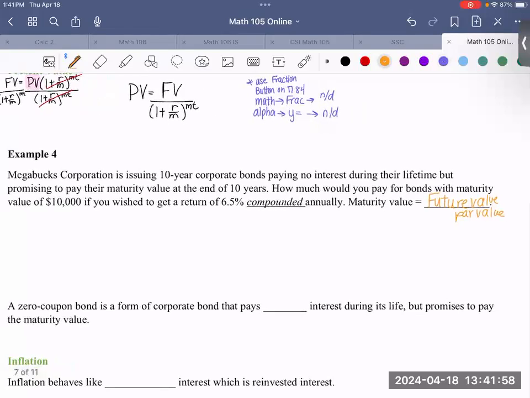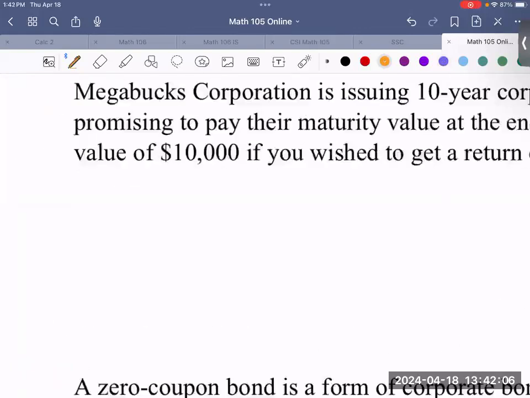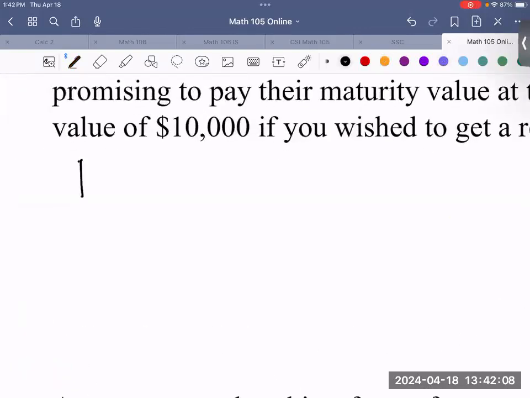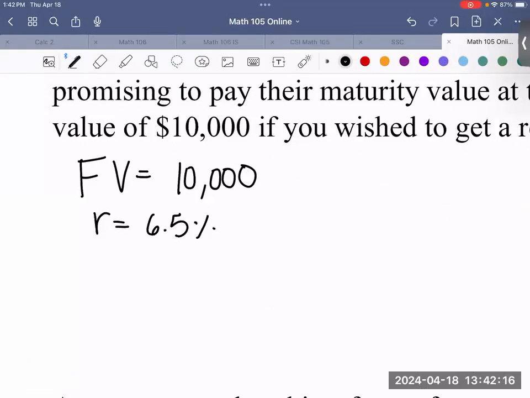Right? So your future value is given, and now we need to figure out, well, what did you pay for it? So in our problem, they said future value is $10,000. Your rate is 6.5% per year.